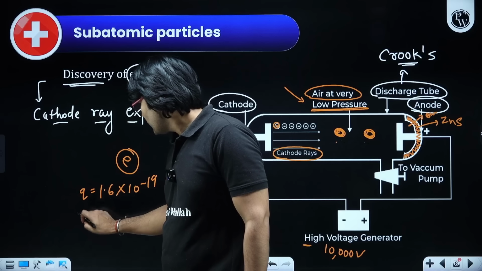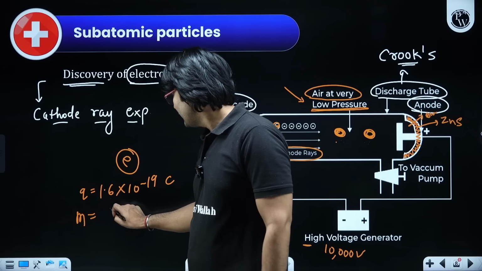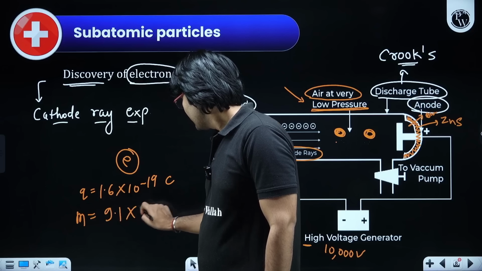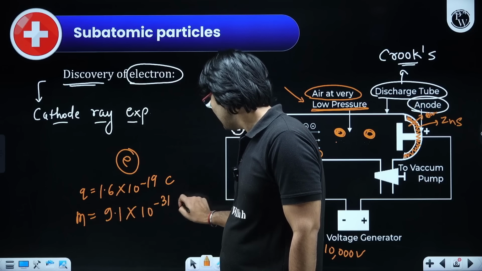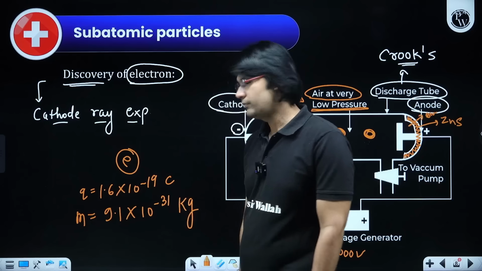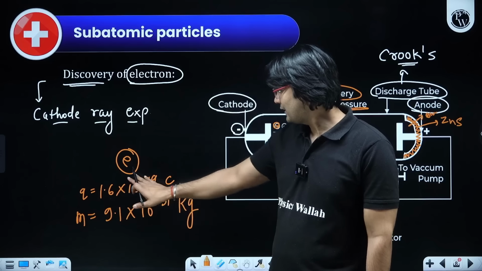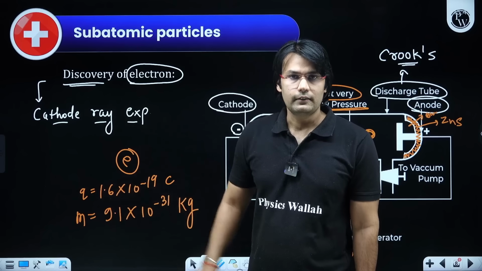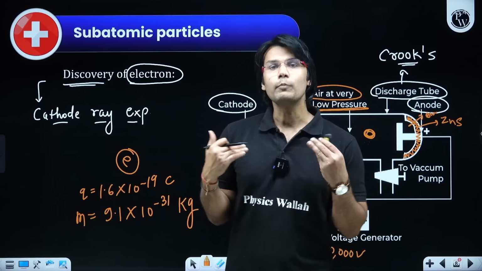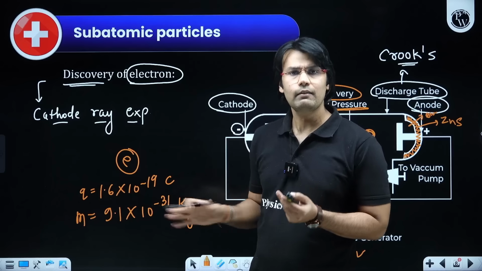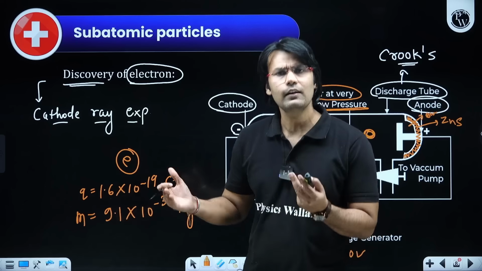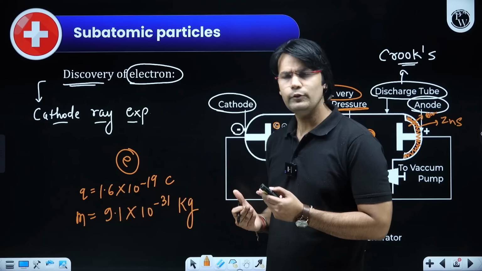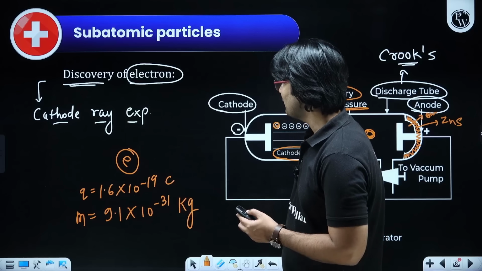And the mass of electron is 9.1 × 10^-31 kilogram, right? So charge of electron is this and mass of electron is this. You need to remember this. Although when you are doing numerical questions, in the question part they will give you the values. But still, for your practice purpose, you need to remember these values of charge and mass of electron.